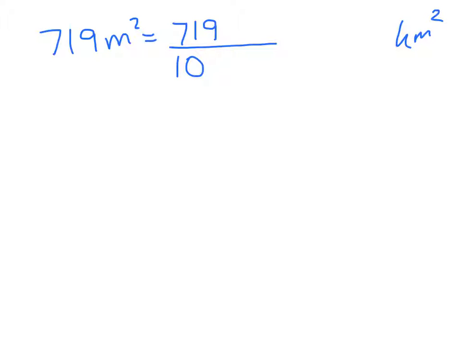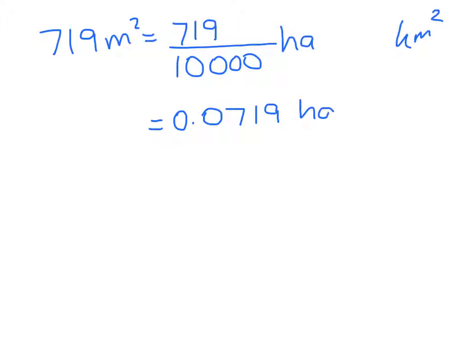This next one is 719 metres squared. I want to know how many hectares it is first, and then I'm going to end up at kilometres squared, but we're going to do that in 2 steps. From metres squared to hectares is 719 divided by 10,000. If we had 719 divided by 1,000, that would be 0.719, but this is one place further over. Now we can check this back by looking at 4 zeros in there, so that's 10 to the power of 4.